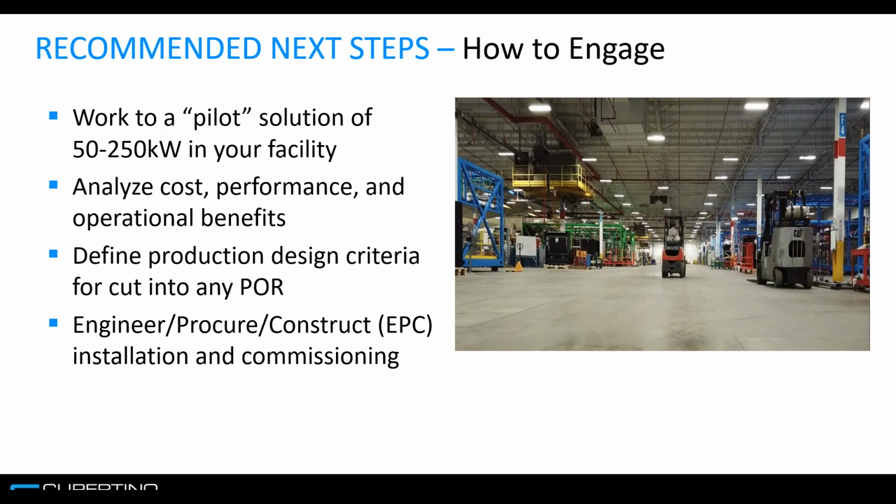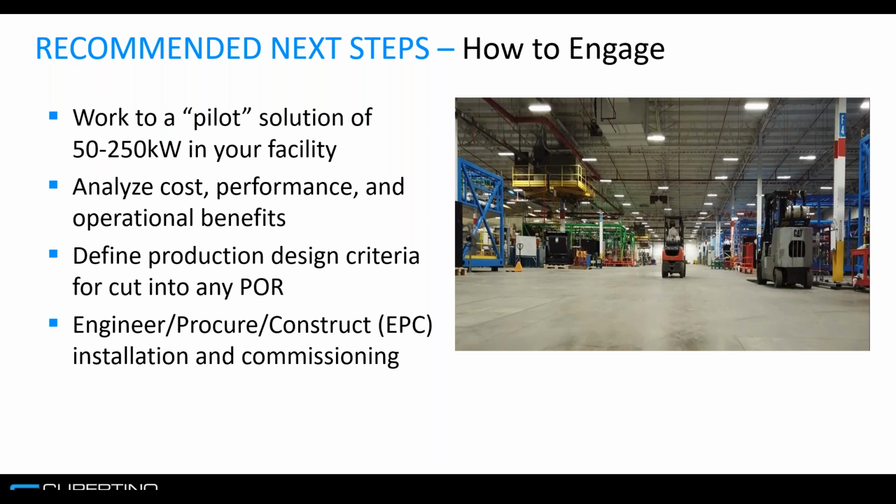So one thing that I thought might be important is how to engage. What would the next steps be if you're considering a solution like this? One thing that we think is important is to work to a pilot solution of 50 to 250 kW in your facility. Gives us an opportunity to analyze cost, performance, and operational benefits for your model.